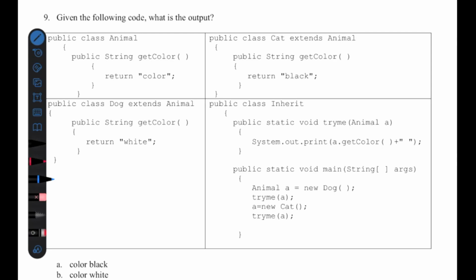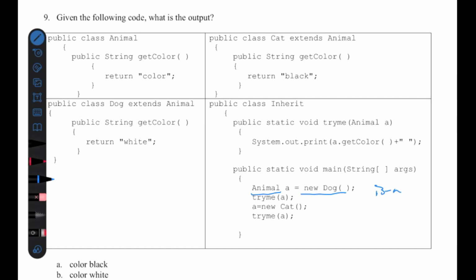So this is polymorphism, right? This line right here, I am declaring A to be a variable of type animal, right? But I'm setting it equal to a new instance of dog. And this is the is-a relationship. Dog is an animal because it extends animal. So that is valid.